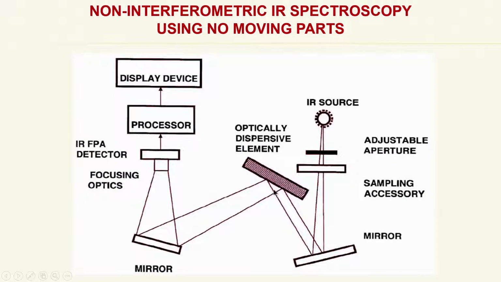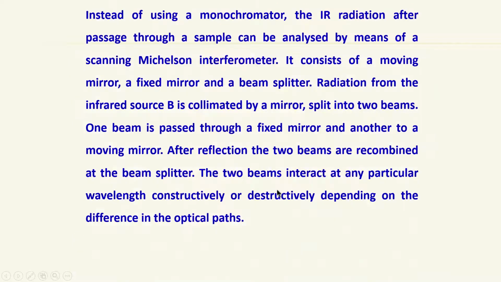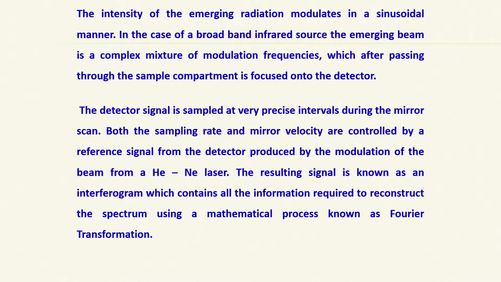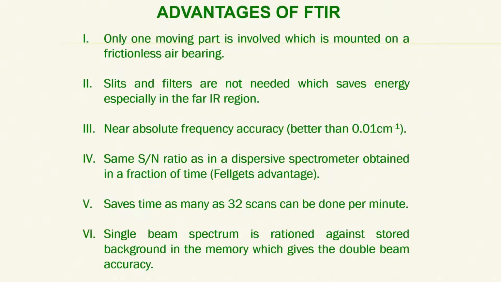Okay. And then for non-interferometric IR spectroscopy, I had shown you this picture which contained a grating as a dispersive element, and then the IR radiation passing through a Michelson interferometer. We continued our discussion, and then I showed you the advantages of FTIR.